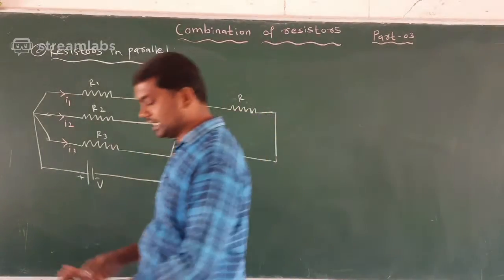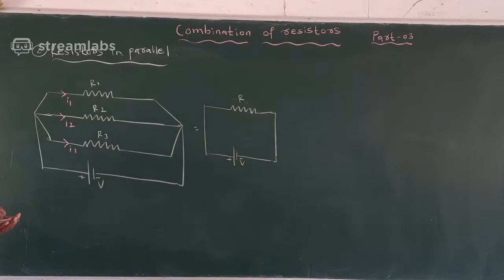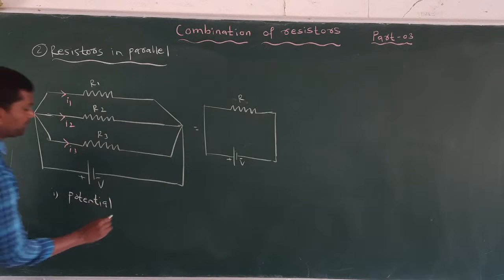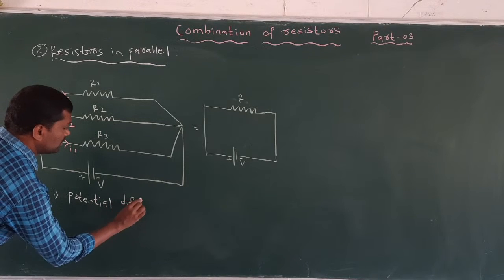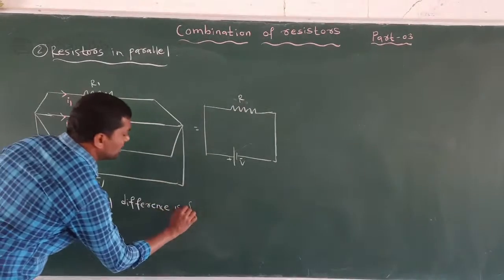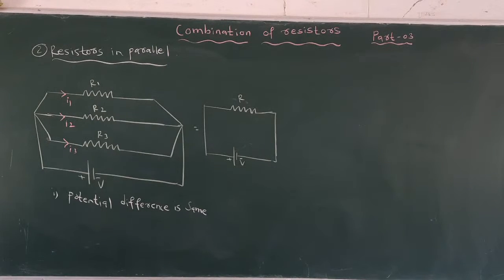So what I am saying is that in a parallel combination of resistors, case 1: the potential difference is the same in a parallel combination of resistors.